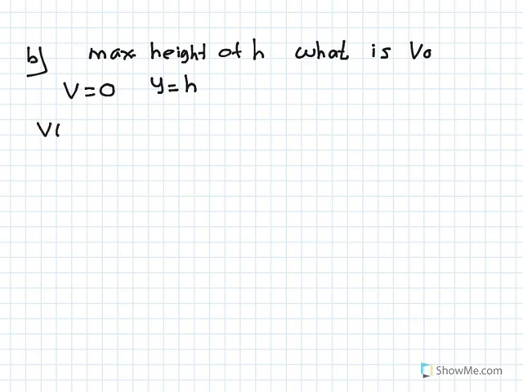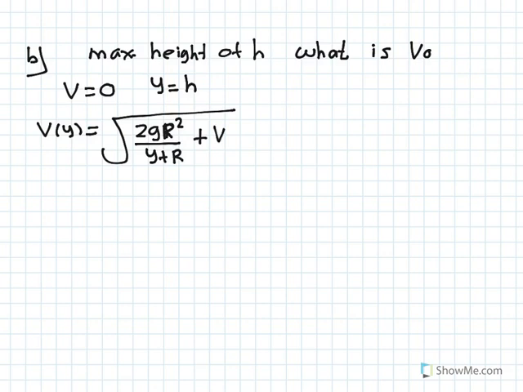So v of y is equal to root of 2g r squared divided by y plus r. Let me write this better, plus v naught squared minus 2gr. So the key concept again is that the maximum height is reached when the velocity is 0.